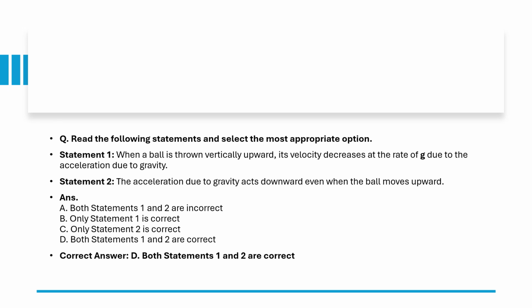Here you are, and the correct answer is option D, that is both statements 1 and 2 are correct. Statement 1, when a ball is thrown vertically upward, its velocity decreases at a rate of g due to acceleration due to gravity. And second, the acceleration due to gravity acts downward even when the ball moves upward. So both these statements are correct.